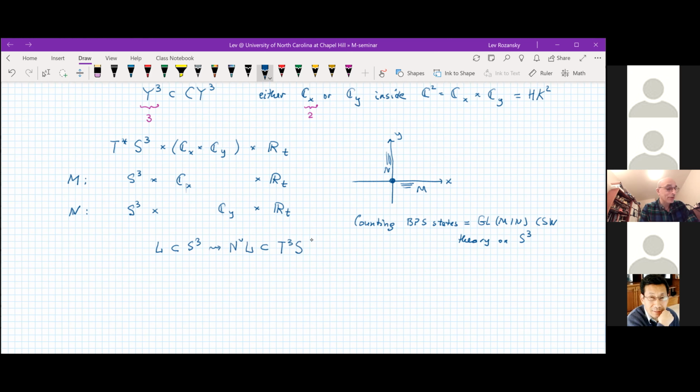And this will also be Lagrangian inside T star S3. So now we add them to the mix. So we add some link-related Lagrangians, let's call them, I don't know, M provisionally, which span conormal cross CX. Well, let me start with CY. Cross RT.